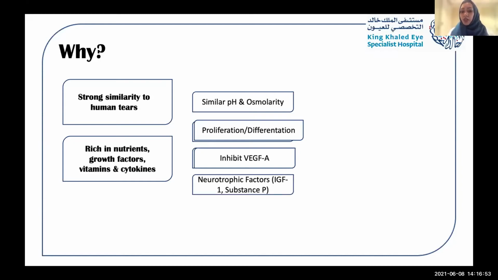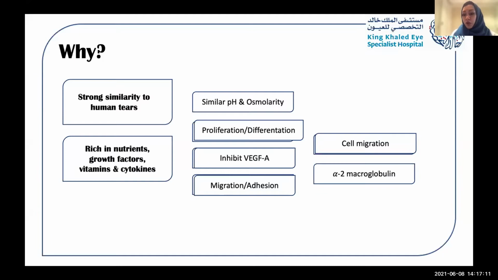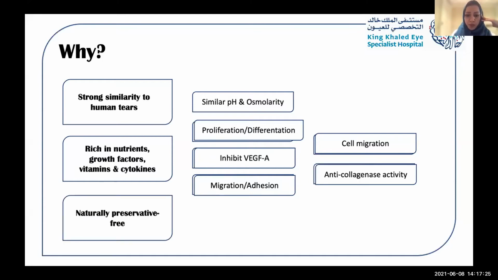Neurotrophic factors like the insulin-like growth factor and substance P also have an important role in the migration and adhesion of the epithelial cells. Fibronectin is also an important component of the matrix that promotes cell migration. Alpha-2 macroglobulin is an important factor because it has anti-collagenase activity, so it prevents melting in those cases where they have their stroma exposed.